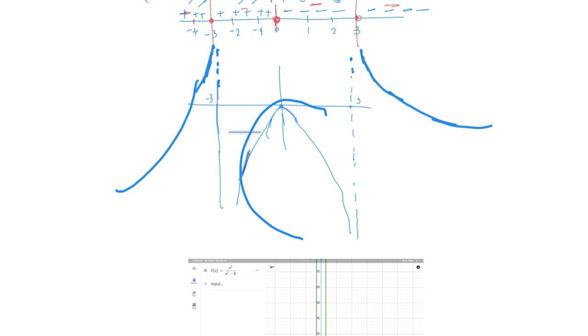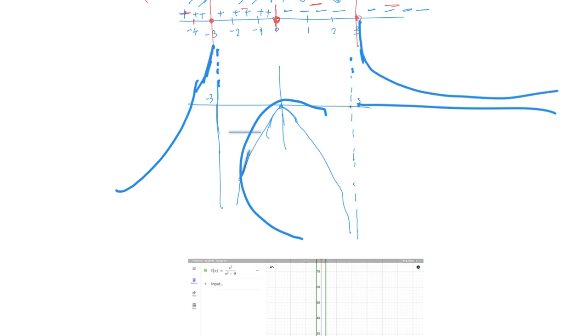When x approaches infinity, y approaches 0. So this part I should graph like this. And this part I should graph the function going to infinity when x approaches minus 3, like this. And now it is the same graph.